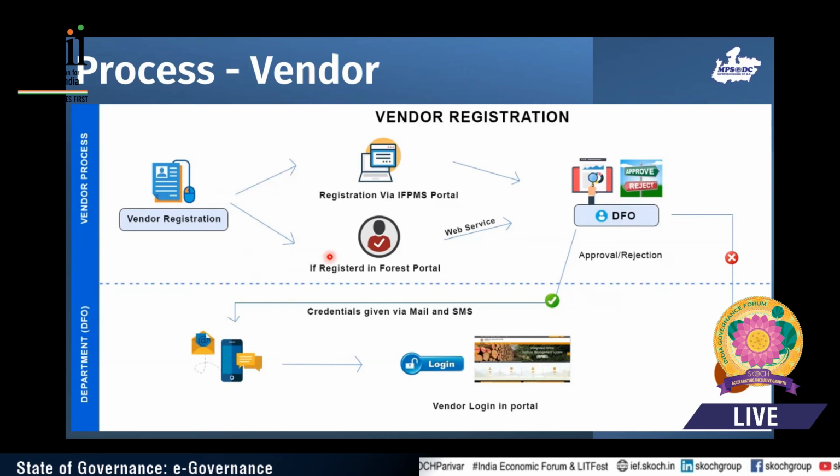The second option is that we have given a registration module in our portal itself. When the vendor gets registered in the Forest Department portal, it gets migrated to our portal, and in our portal the DFO has to approve that registration. Once the registration is approved, the vendor gets the login credentials on his mobile or on his email ID.